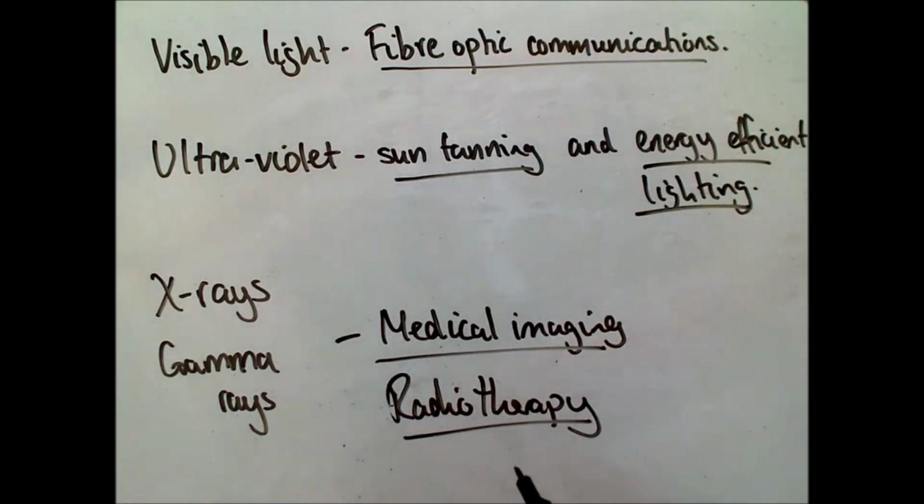So radiotherapy you might have heard of in the context of cancer treatments. The cancer is just an uncontrolled mass of cells that need to be destroyed, and gamma rays have such a small wavelength that you're able to use them to target those individual cells and kill them. So the gamma rays are used in radiotherapy.